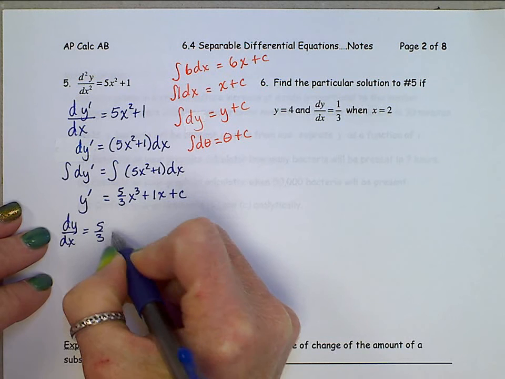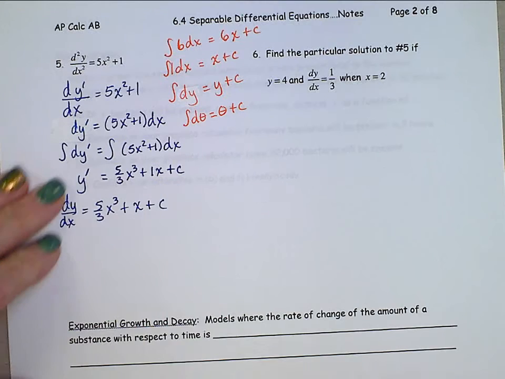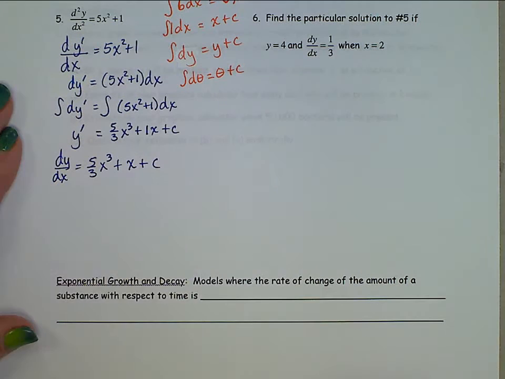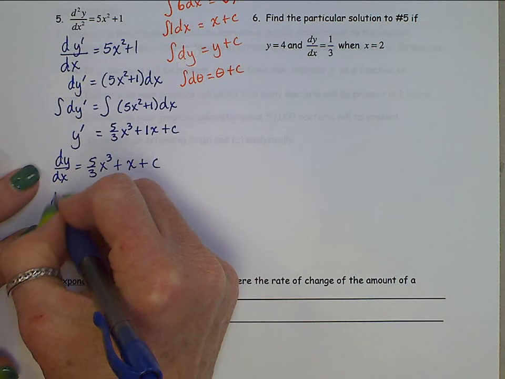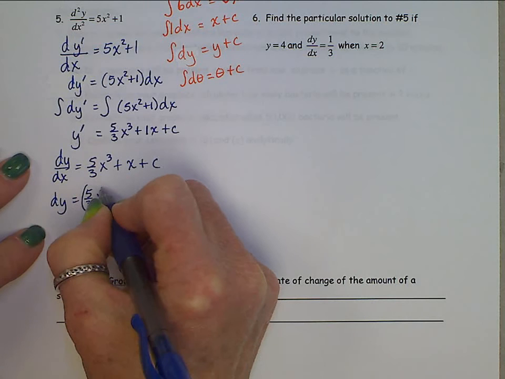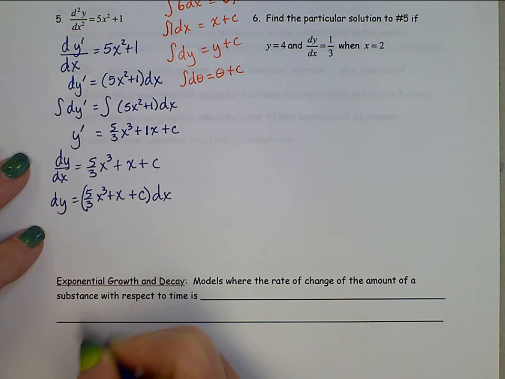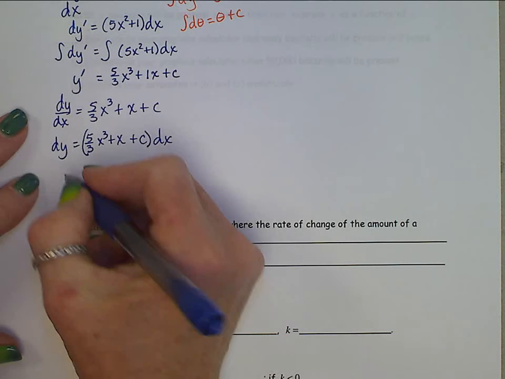equals 5/3 x cubed plus an x plus a c. And then let's separate the variables. Pull this dx up over here. Anti-differentiate both sides.